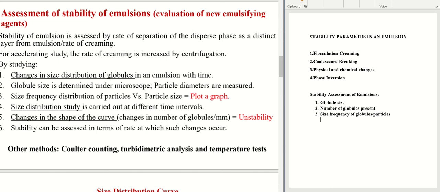Now for this, we will be considering a basic method known as the microscopic method.